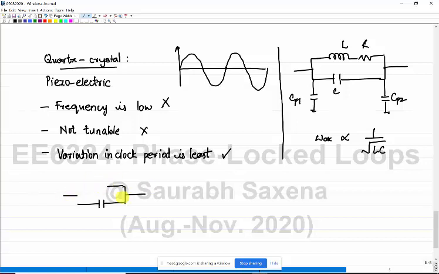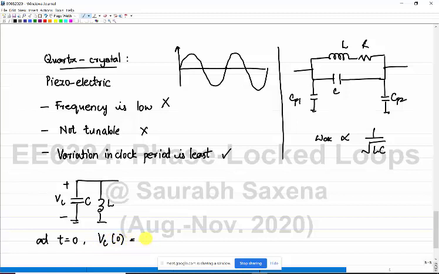So let me just draw it in a different manner. I have an inductor and a capacitor connected like this. This is C and L. I charge this capacitor to Vc at t equals 0. Let us say capacitor voltage Vc of 0 is some voltage V0, and just leave the system as such.